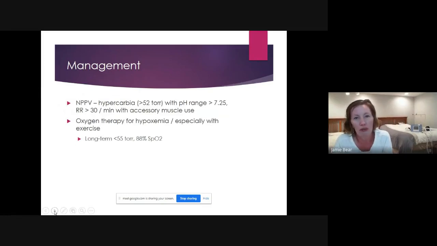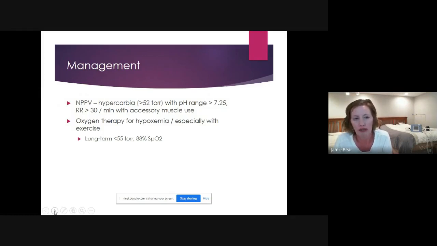So continuing on with management, non-invasive positive pressure ventilation is indicated for hypercarbia, so high CO2, when the pH is still above 7.25, or when they're showing a respiratory rate greater than 30 breaths per minute with accessory muscle use. And then oxygen therapy for hypoxemia, especially with exercise.